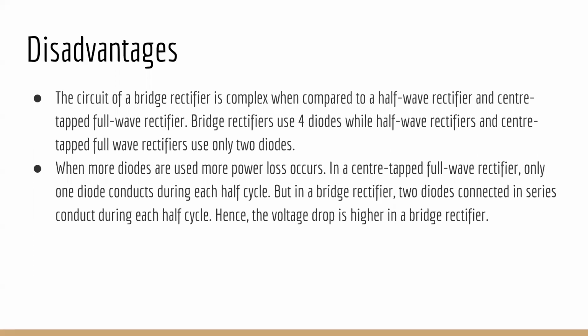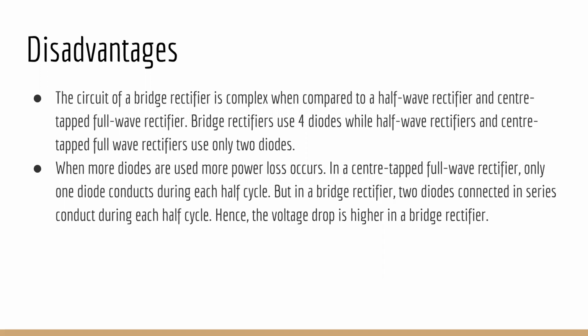The first disadvantage is that the circuit of the bridge rectifier is complex when compared to the half-wave rectifier and the center tapped full-wave rectifier. The bridge rectifier uses 4 diodes, while the half-wave rectifier and center tapped full-wave rectifier use only 2 diodes.